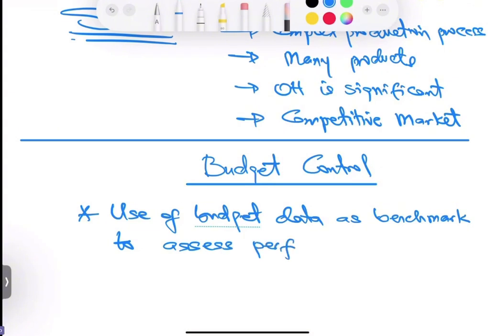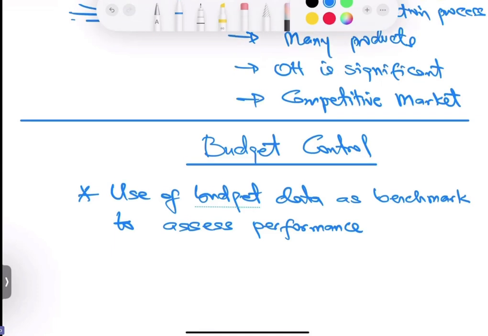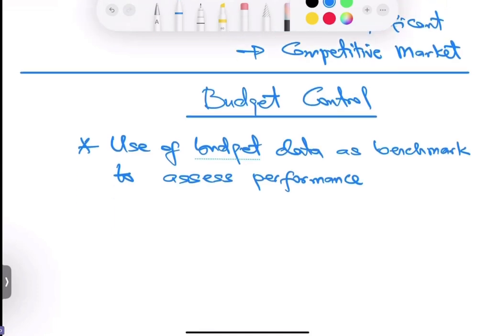So you're actually looking at managers and saying, I'm going to use your budget to determine how efficient and effective you have been as a staff. Once you start doing that, you're using budget as a control tool.